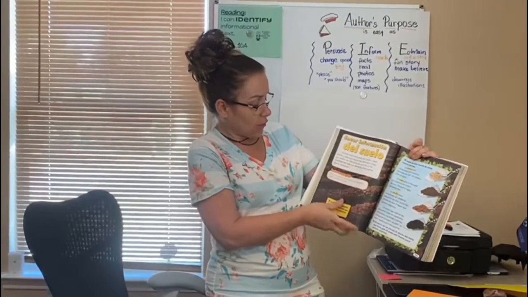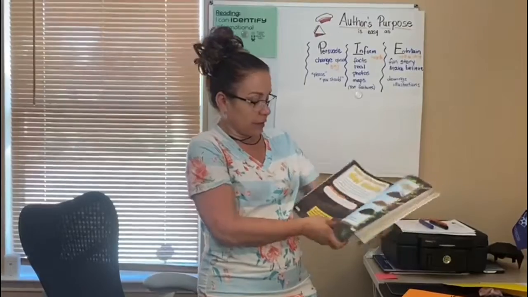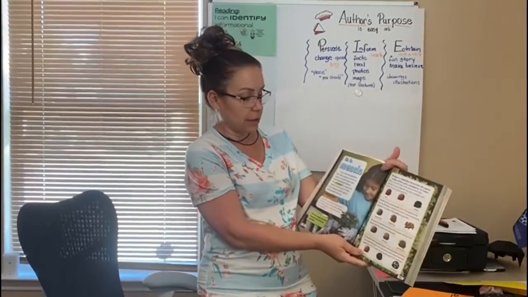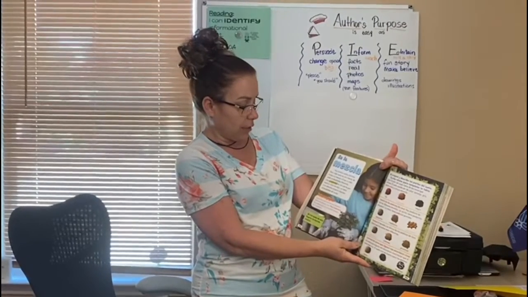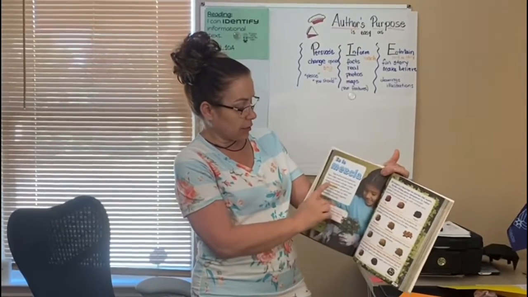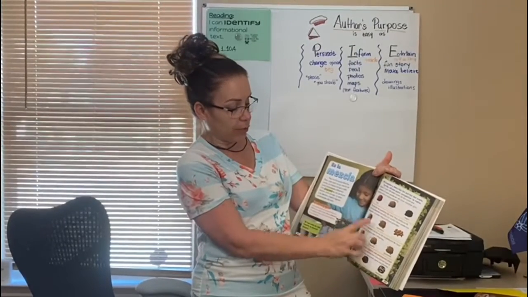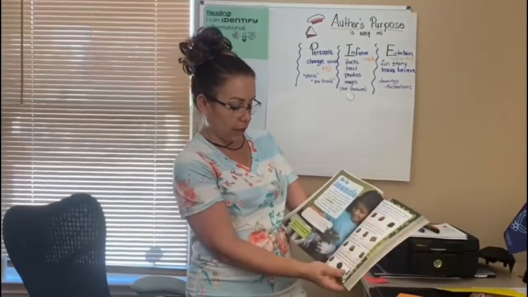Okay, so we also have, let's see, maybe we can find labels, right? Okay, that's another type of informational text. You see here the highlight, and then you have here the labels for each type of thing.